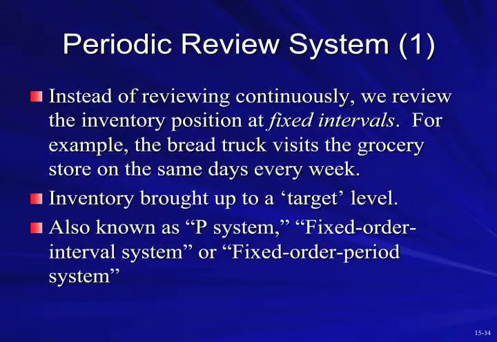Periodic reviews are different than fixed interval reviews, because in both cases you have to look at your inventory on a frequency basis and check it and make sure that it's in balance with what your philosophy in carrying inventory is.